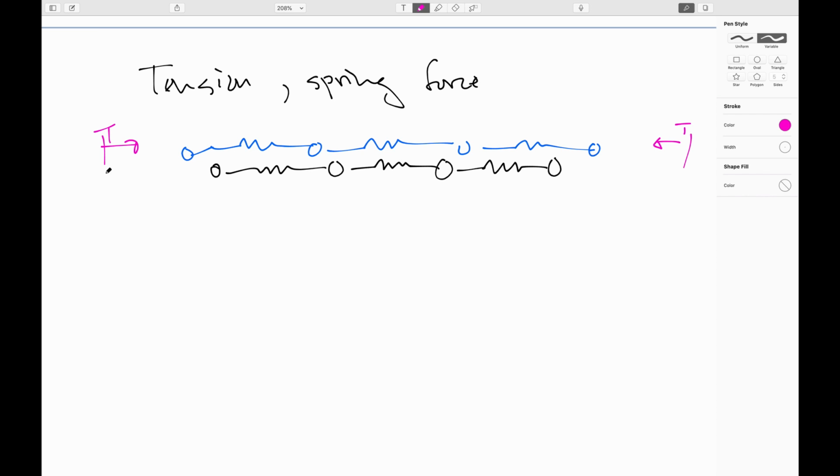Similarly, with tension, this also works the same way with a spring. But with the spring, you've also got the possibility that you can compress it and make the bonds shorter, and as a result, they'll try to return back to their original length, pushing things out of the way. With tension, like with a string or something like that, though, that isn't going to happen.